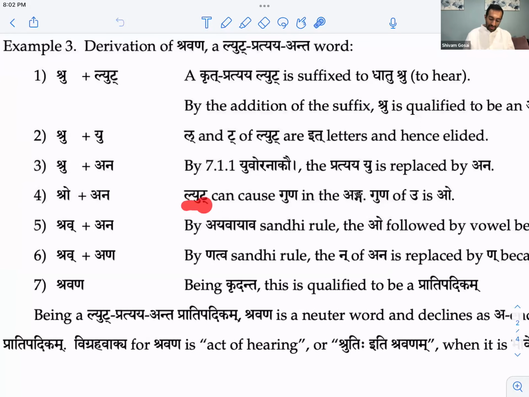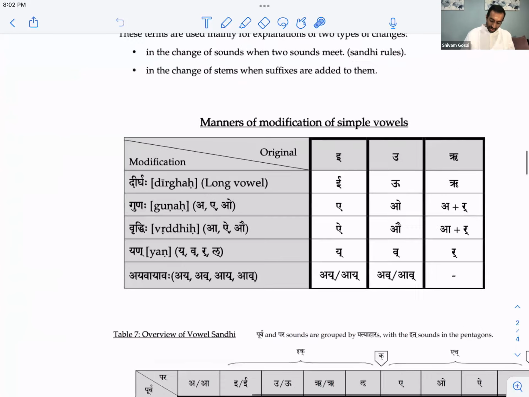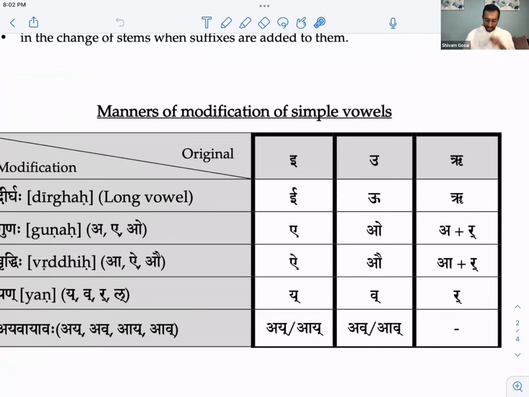As I said, lyut can cause guna. Okay, let me just come here for a second. Look, when we're doing guna, if we have these letters, u becomes o. Repha, or sorry, r, the vowel becomes ar. u becomes o, and short i becomes e.